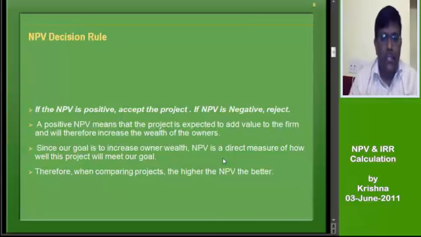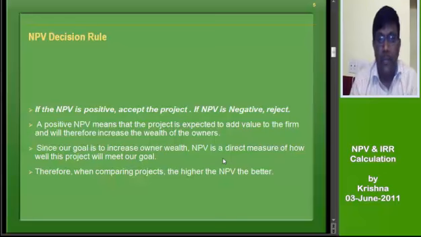When we use NPV as a decision making tool, as we previously explained, the net present value will show how much wealth the firm will get due to the project acceptance. So if the net present value is more than 0, there will certainly be an addition to the wealth of the firm, so we can accept the project.